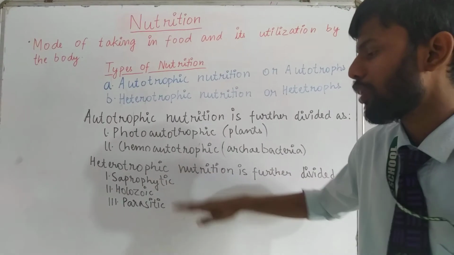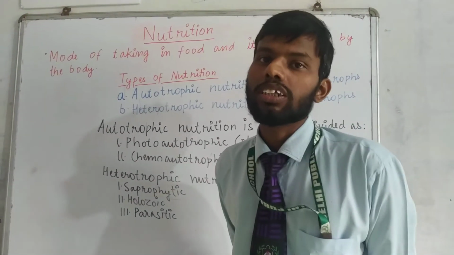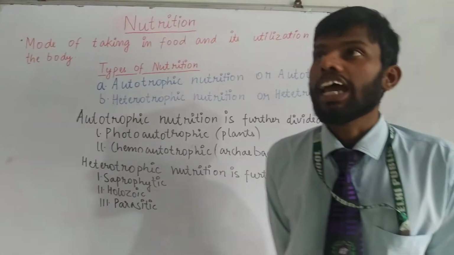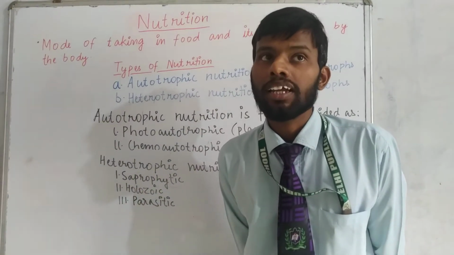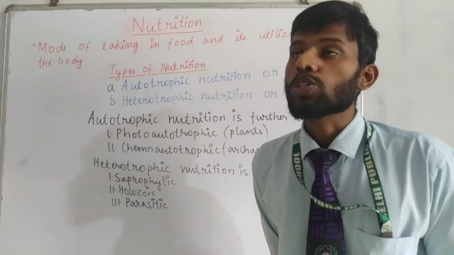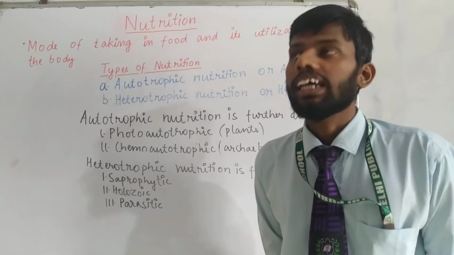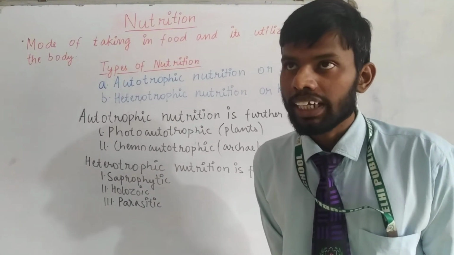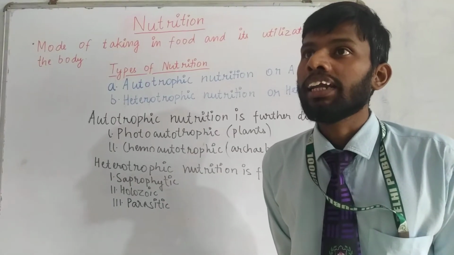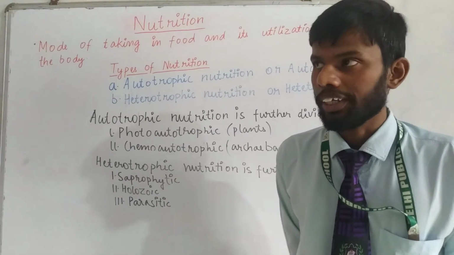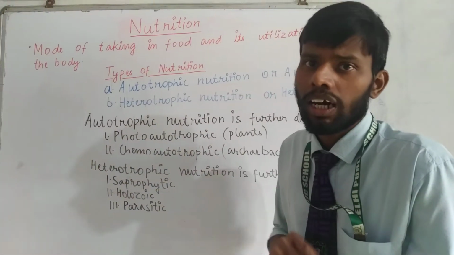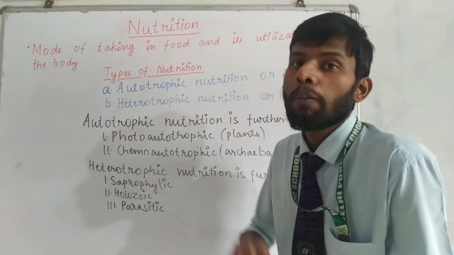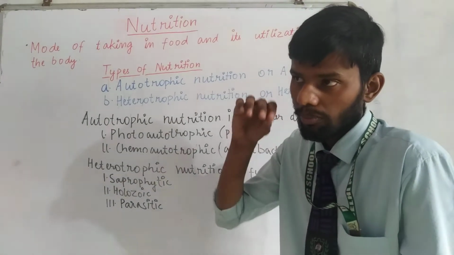Next one is the holozoic nutrition. Holozoic nutrition is that mode of nutrition in which an organism takes complex food material by the process of ingestion, then digests it, assimilates it, absorbs it, and energy is released in its body. For example, the simple microscopic organism amoeba takes its food by the process of ingestion.